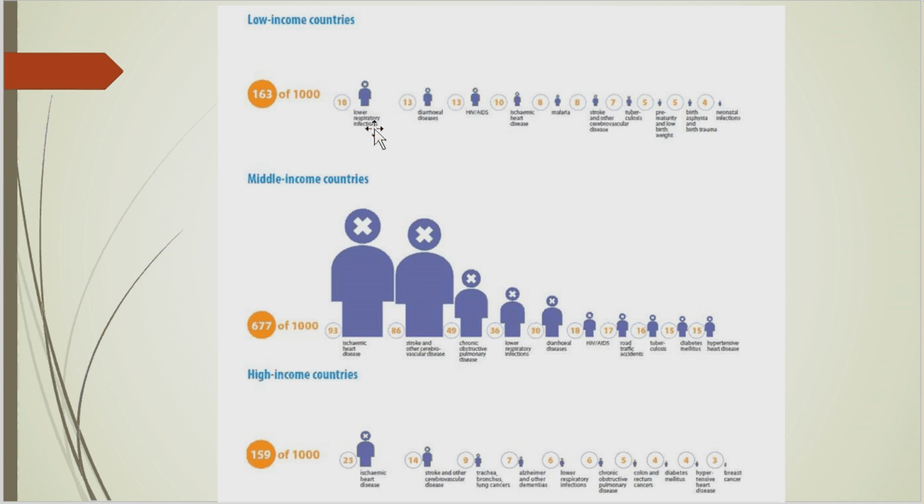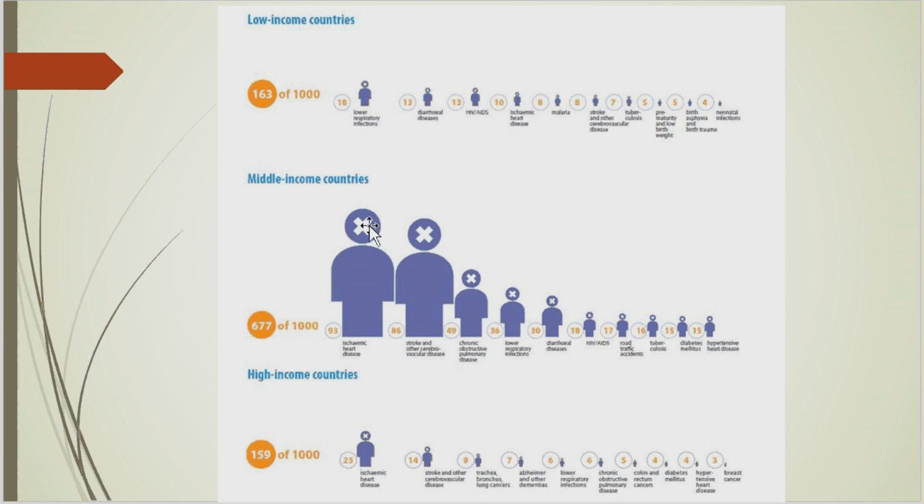All right, so in low-income countries, infectious diseases tend to cause the most grief, but in middle-income countries and high-income countries, it's lifestyle diseases, it's physiological diseases, which cause the most deaths.